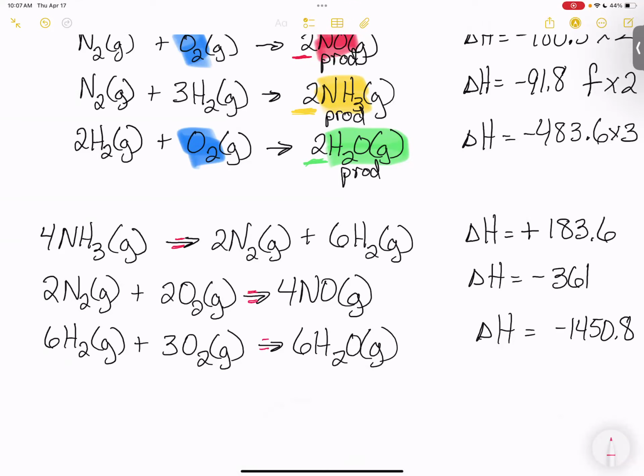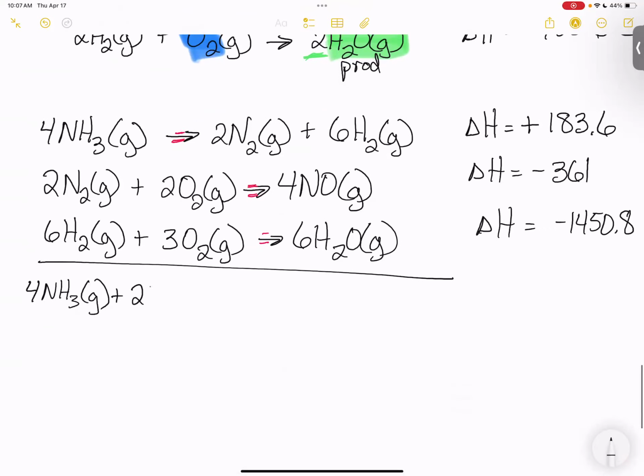So if we take and add it up, on the left-hand side, we have 4 NH3 gas plus 2 N2 gas plus 5 O2 gas plus 6 H2 gas.